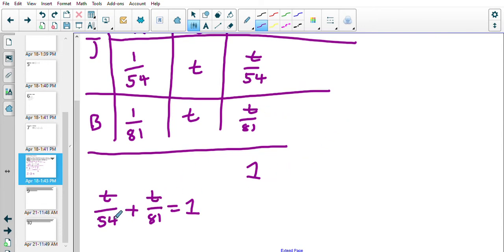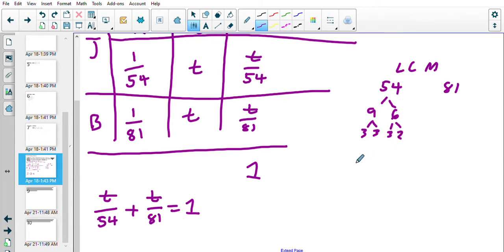So notice, in order to add these together, we need to get a common denominator. So we need to find the least common multiple between 54 and 81. That'll help us find the denominator that we can use to add these two fractions together. So 54, we know that that's 9 times 6, which is 3 times 3 times 3 times 2.